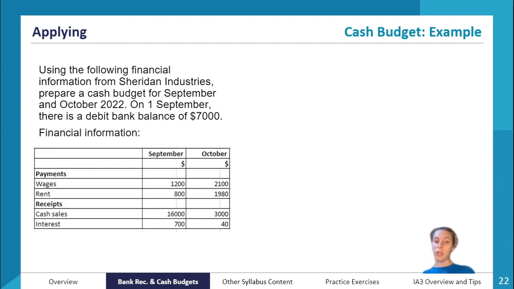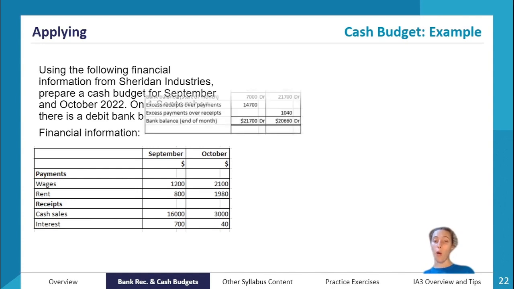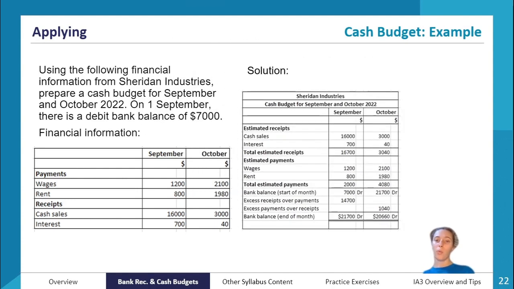So what's the solution then? Now this is all about just plugging those numbers into the correct format, really. So we have our normal format with our September and October columns. We start off with estimated receipts at the top, and then we put in what accounts are involved, in this case, cash sales and interest.